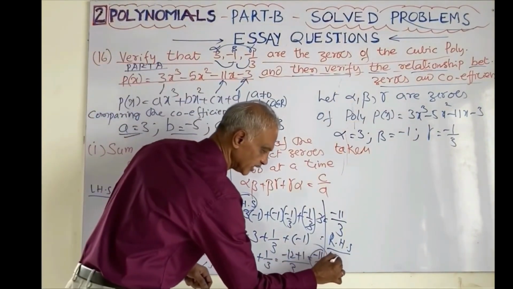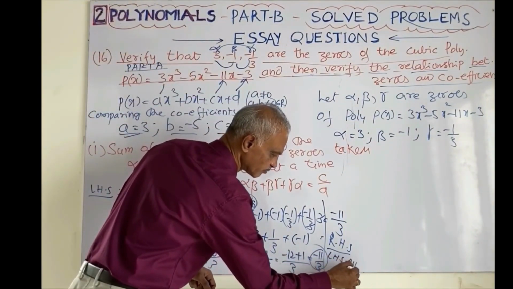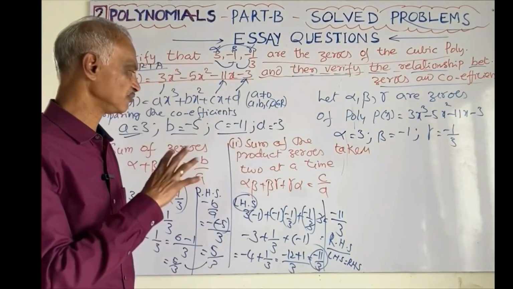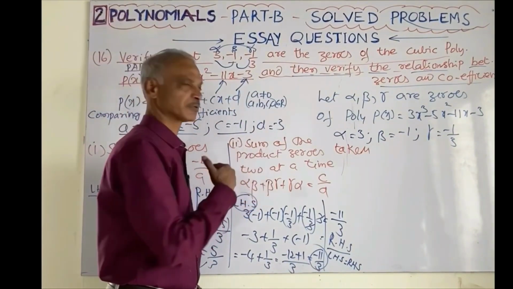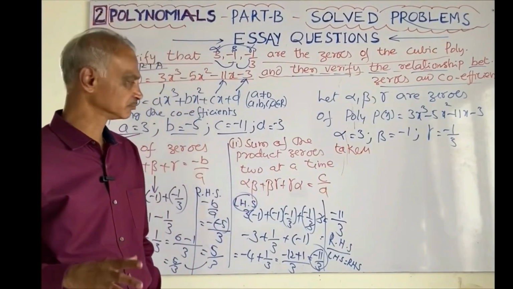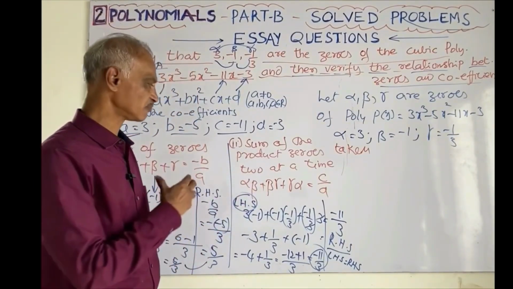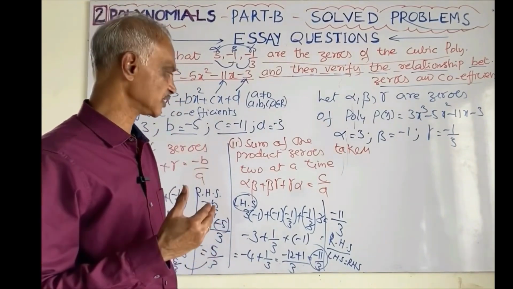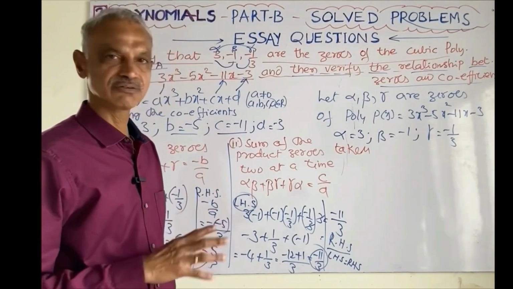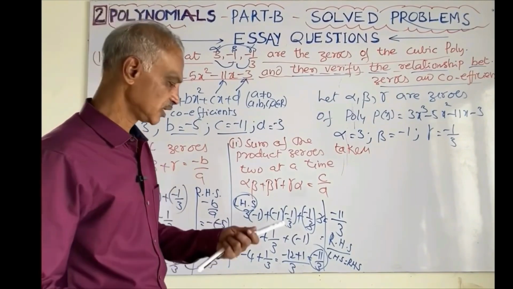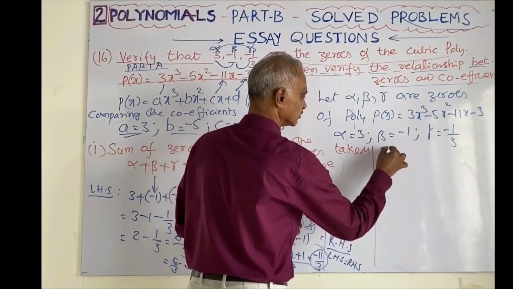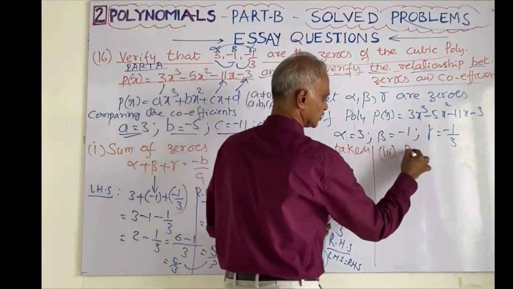You write left hand side is equal to right hand side. We verified that the sum of the product of zeros taken two at a time, that is alpha beta plus beta gamma plus gamma alpha, is equal to C by A. They are equal to each other. We verified.